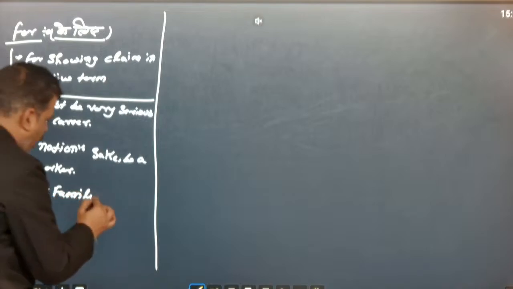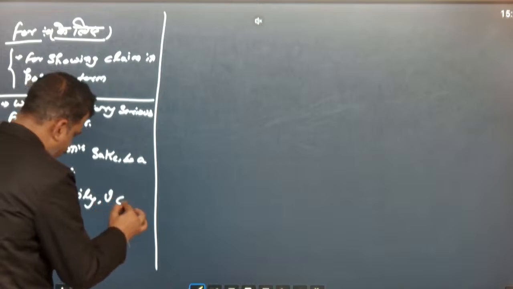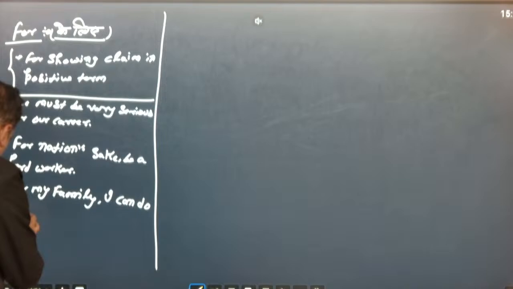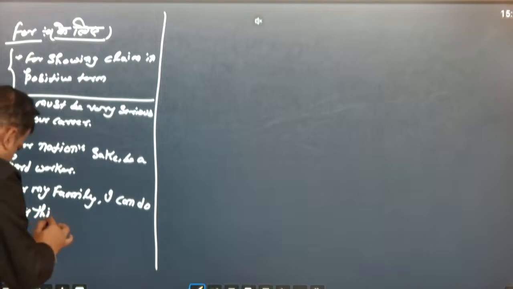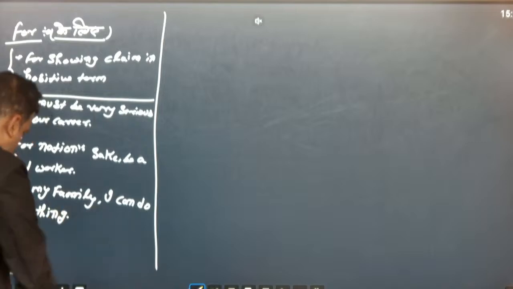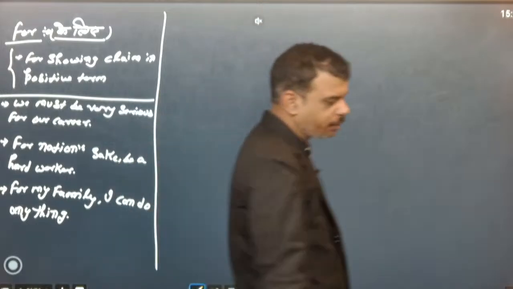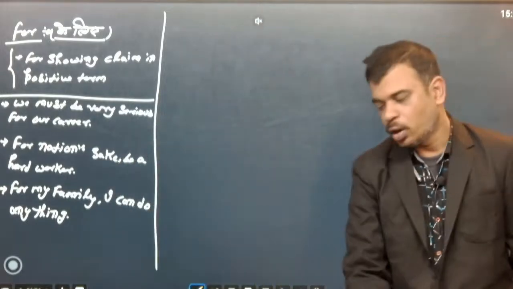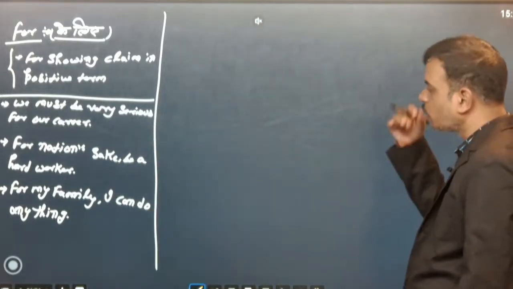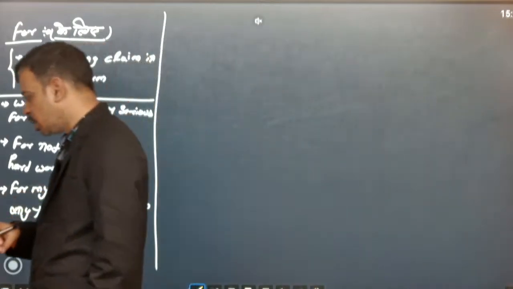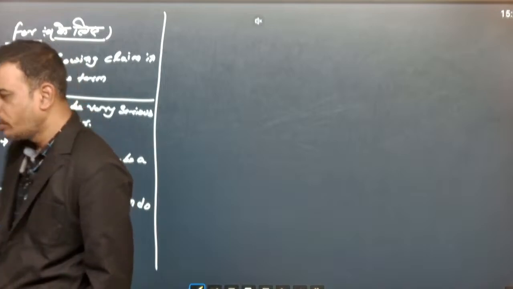For my family, I can do anything. तो कुछ भी फैमिली के लिए. So for is the term that is used for the positive claim. If we are making the positivity in the claiming term, सकारात्मक रूप से दावा कर रहे हैं तो we go with for.